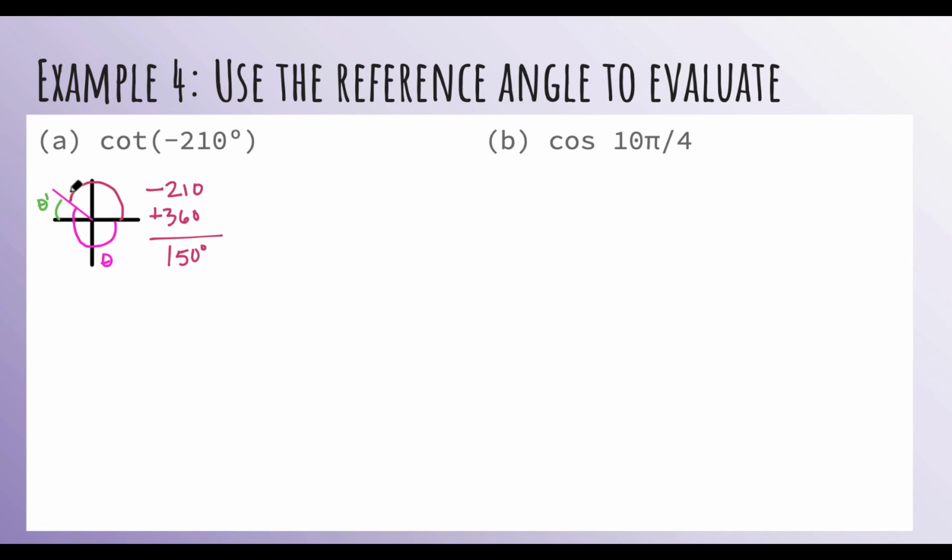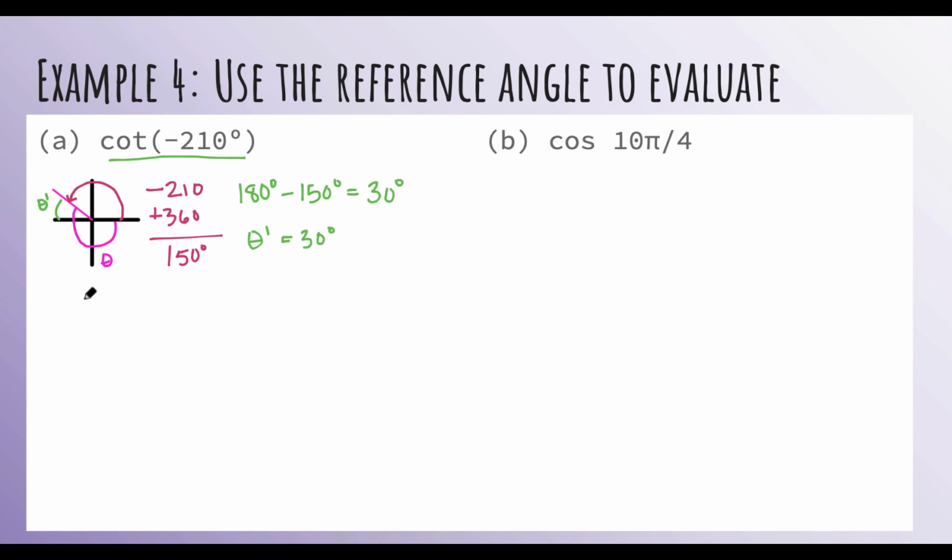So this angle measure here is our positive coterminal angle at 150 degrees. The coterminal angle and theta prime will add to 180 degrees. So to get theta prime, we're going to take 180 degrees and subtract 150 degrees, and we end up with 30 degrees for theta prime. We've calculated the reference angle as step 1.